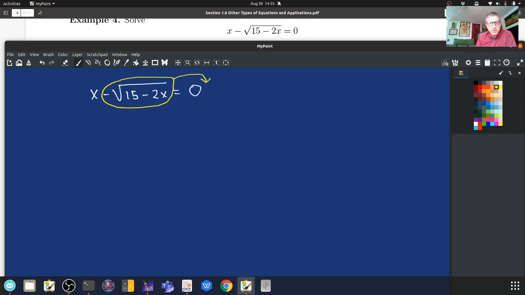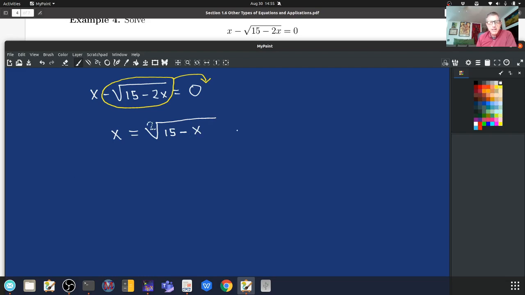I'm going to move it over here. So basically I'm adding the square root of 15 minus 2x to both sides. So that's going to give me x is equal to the square root of 15 minus x. So the unwritten index here is 2.